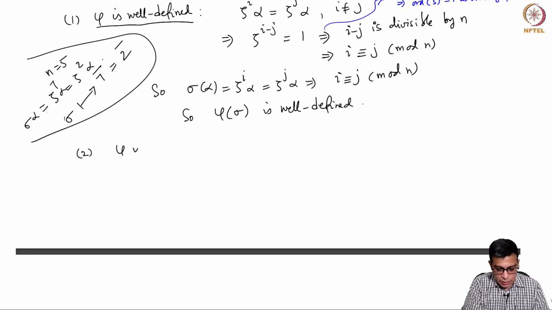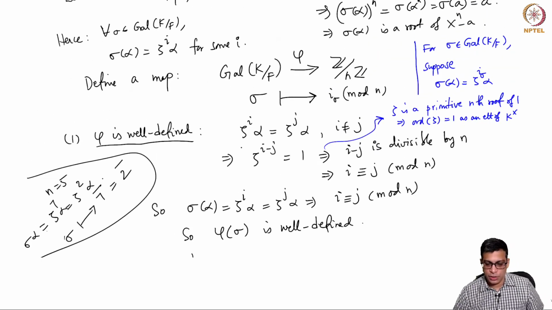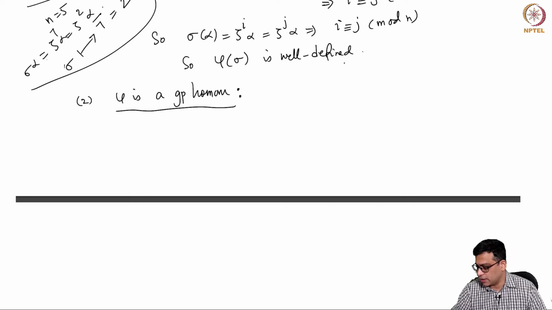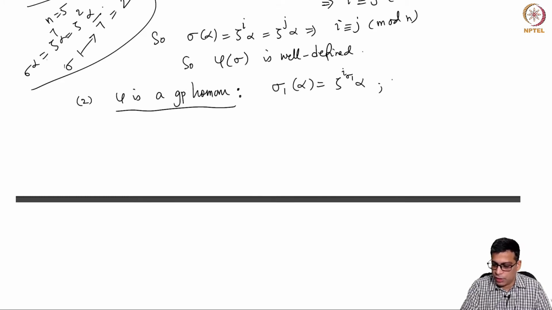Second statement is phi is a group homomorphism. Why is this? So, of course, this is a group, this is a group. So, this is a group homomorphism, and this is rather easy, because suppose sigma 1 of alpha is zeta power I sigma 1 alpha, and let us say sigma 2 alpha is zeta power I sigma 2 alpha.